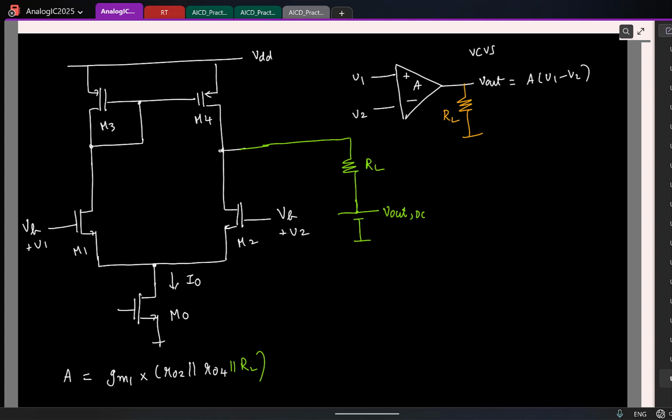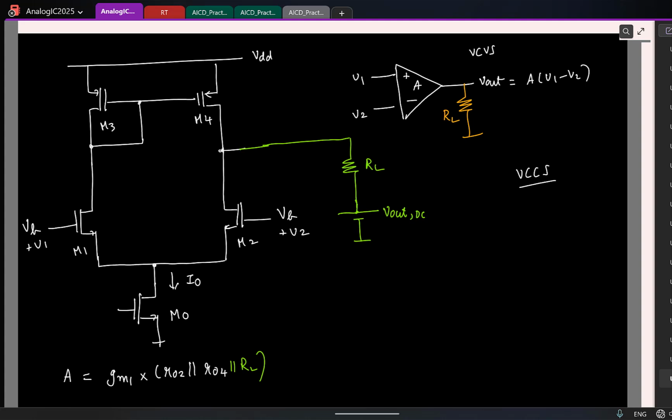It will change because your small signal gain depends on RL. So if I change RL, my output voltage will also change. So which means we actually don't have a voltage controlled voltage source, right? Because if it was a voltage source at the output, the output voltage would not change at all, or it will change only slightly, right? So now we don't have a voltage controlled voltage source. Instead, we have a voltage controlled current source.